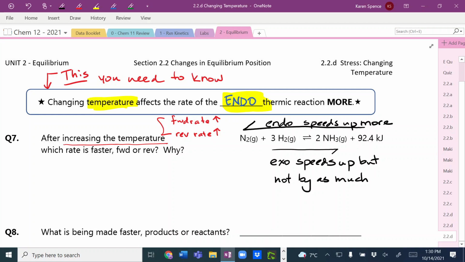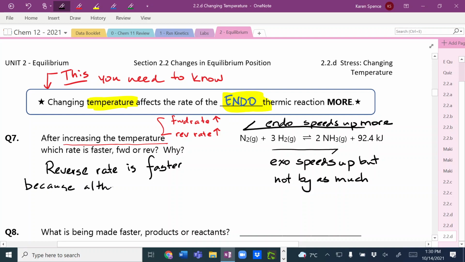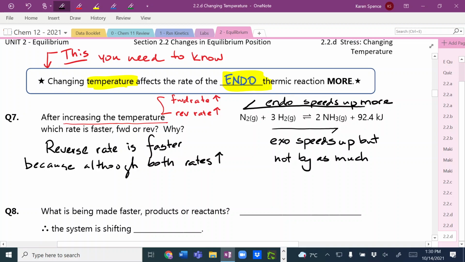Okay, so which rate is faster? The reverse rate is faster, because although both rates increase, the reverse rate, the endothermic rate, increases more.